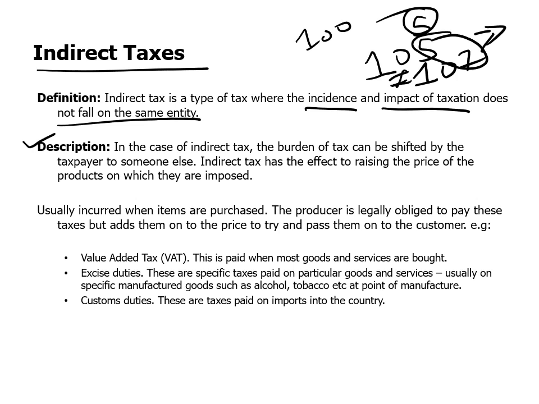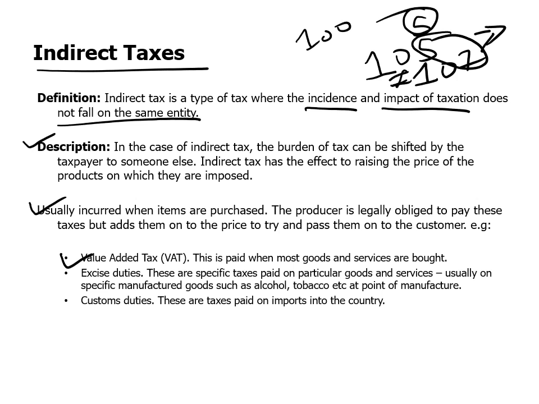So indirect taxes are usually incurred when items are purchased. The producer is legally obliged to pay these taxes, but adds them on to the price to try and pass them on to the customer. For example, your value-added tax, which is paid when most goods and services are bought.